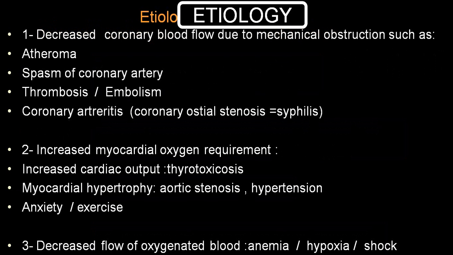Etiology we know very well. One of the most common etiologies is obstruction of the coronary artery by atheroma. The second common mechanism is spasm of the coronary artery, and that we call Prinzmetal angina or vasospastic angina or variant angina. There may be thromboembolic phenomena and the coronary artery may be blocked by an embolus. Not very common, a rare condition.